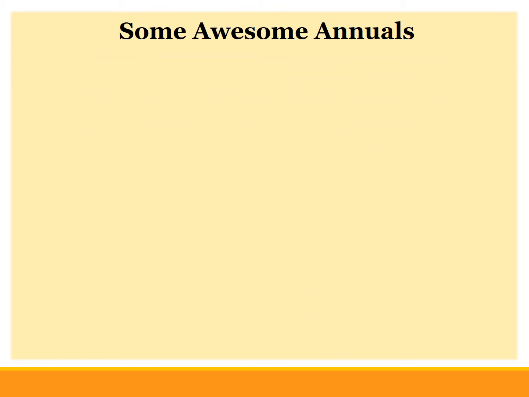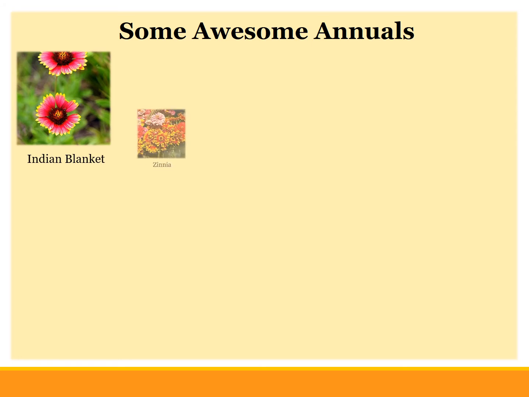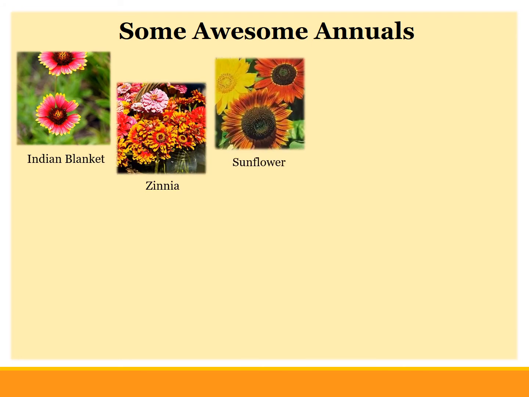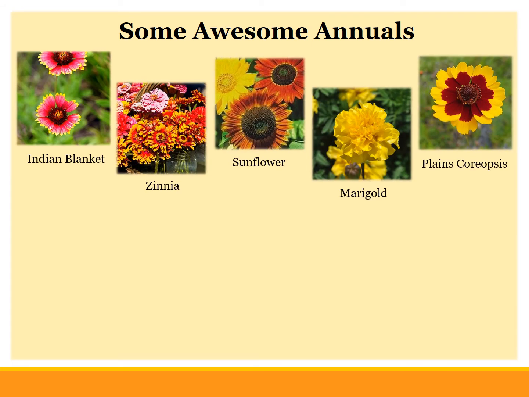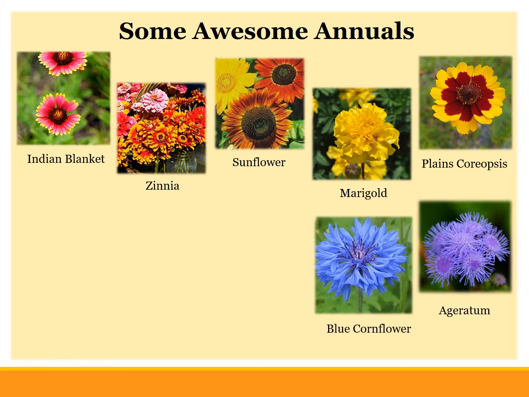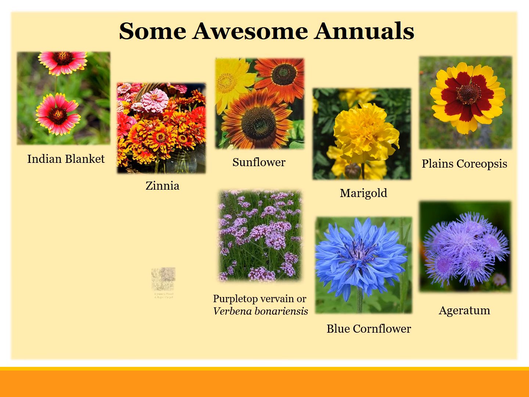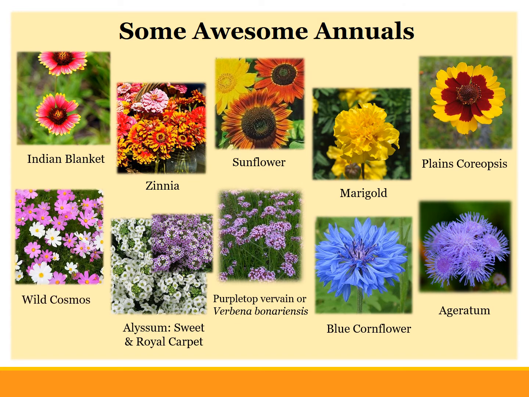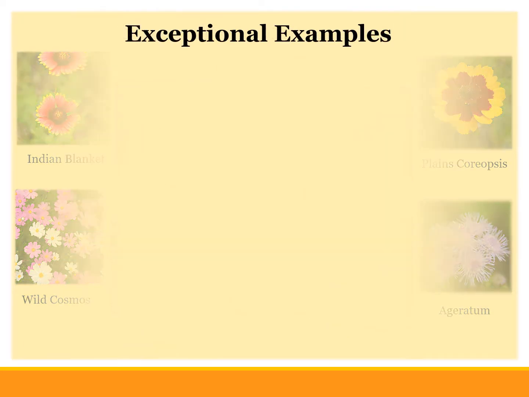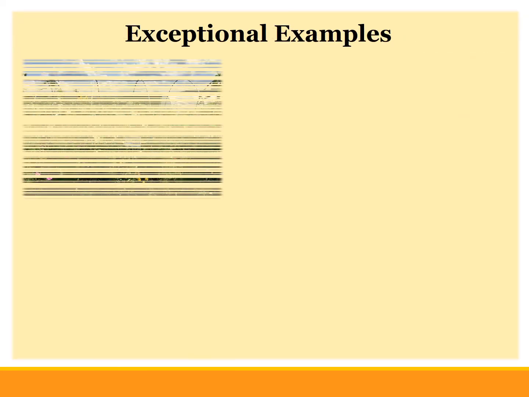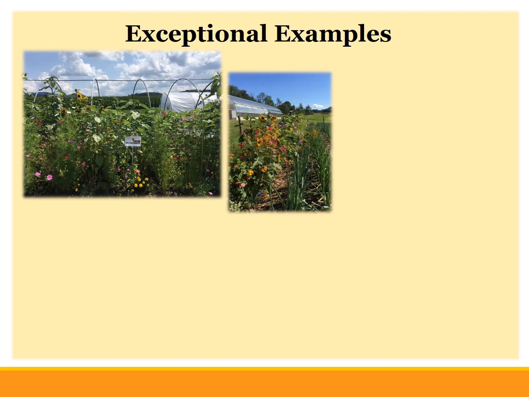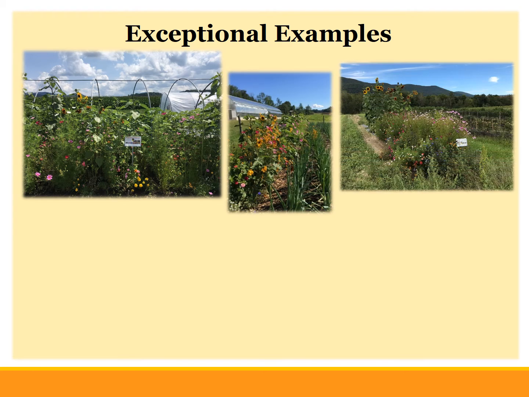The habitat hedges consisted of Indian blanket, zinnia, sunflower, marigold, plains coreopsis, ageratum, blue cornflower, Verbena bonariensis, alyssum, and wild cosmos. These are a few examples of these showy habitat hedges in many different settings.